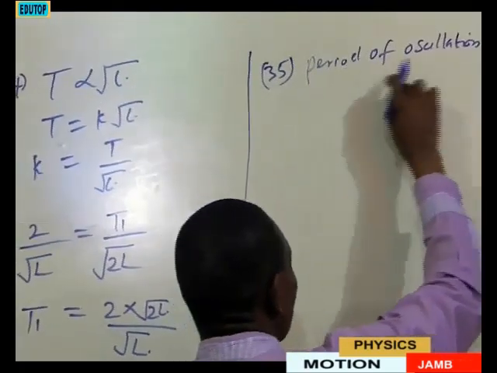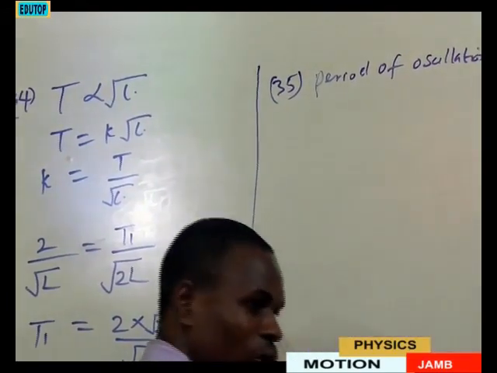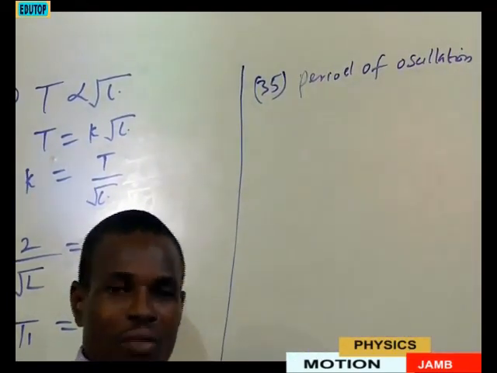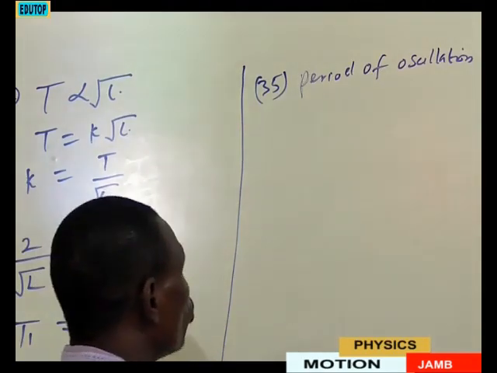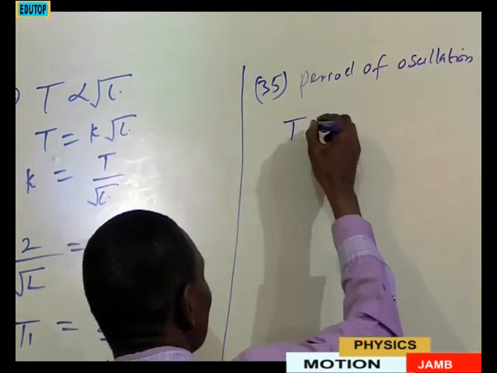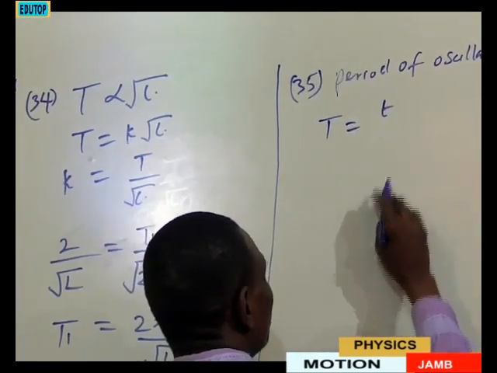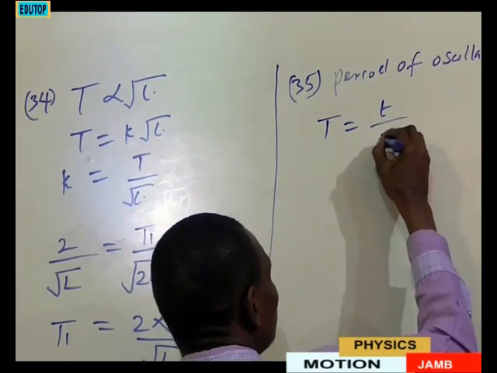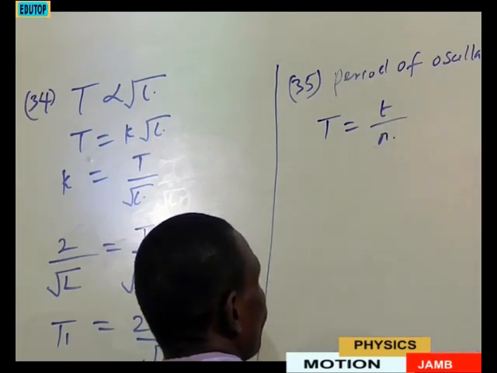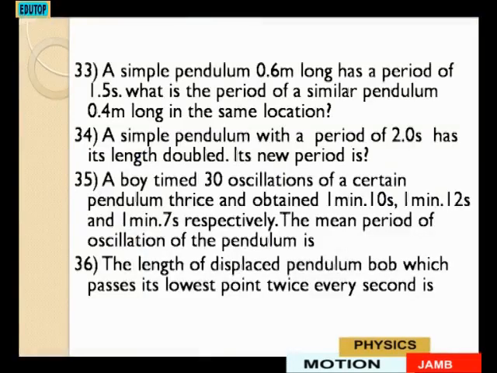Period is the total time taken to complete one oscillation, and is written as time for a particular number of oscillations over the number of oscillations.